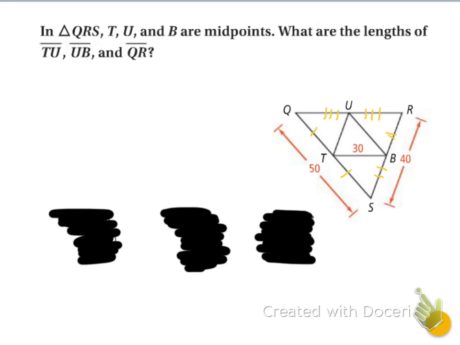Alright, let's change colors. We know that if these are the same, that means if I cut 40 in half, it should give me those. So I know that this one is 20, and this one's also 20. I can do the same with this other side. If these are the same, that means if I cut 50 in half, I should get 25 and 25.